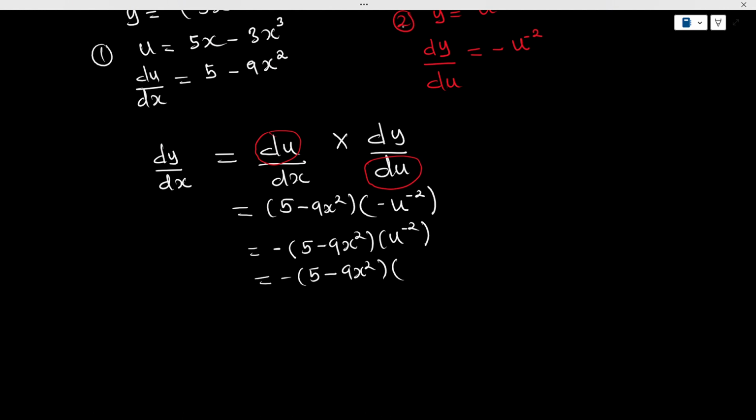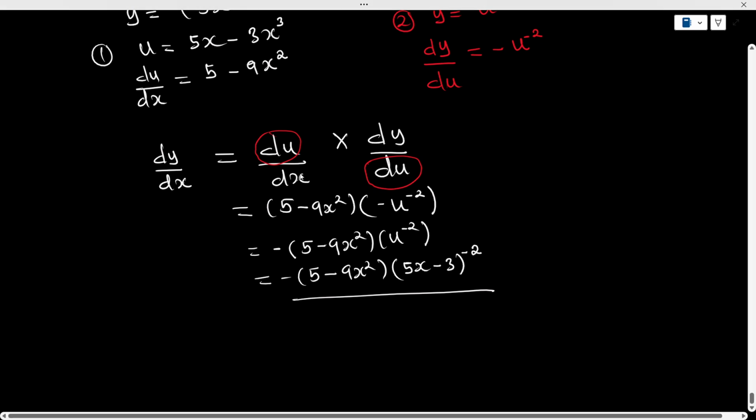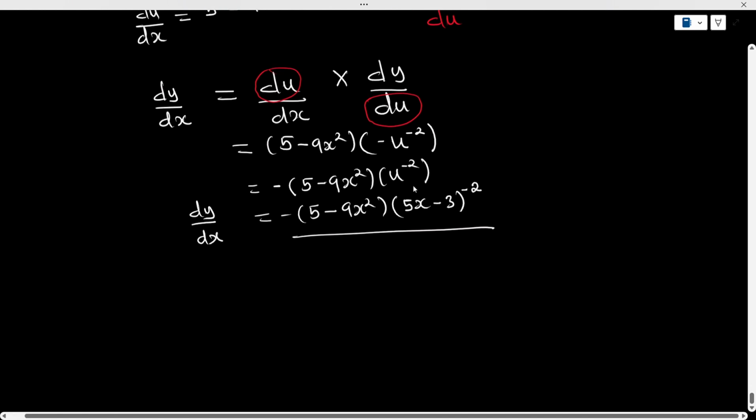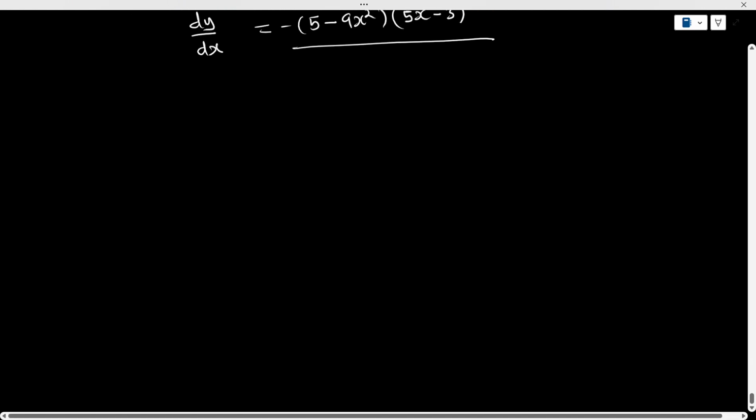So I said u was 5x minus 3x cubed, raised to negative 2, and this should be the answer. This is dy/dx. So this is how you can use the chain rule to find the derivative of a composite function.